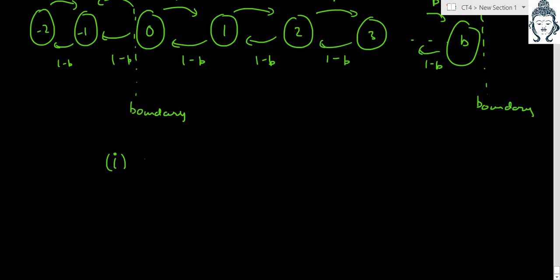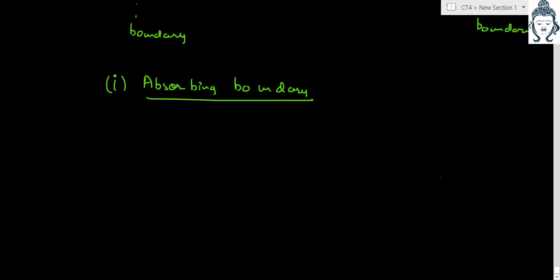The first boundary that we have is called the absorbing boundary. As the name suggests, once the process reaches there, it stays there. It cannot go anywhere beyond that or anywhere else. It just stays in that particular state. So how can I define this?